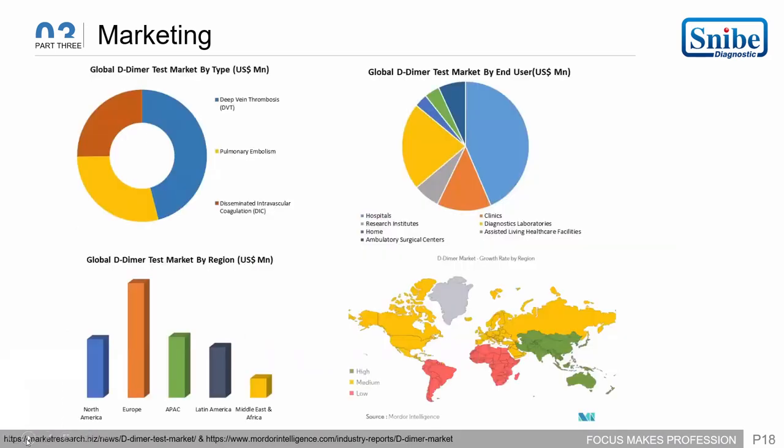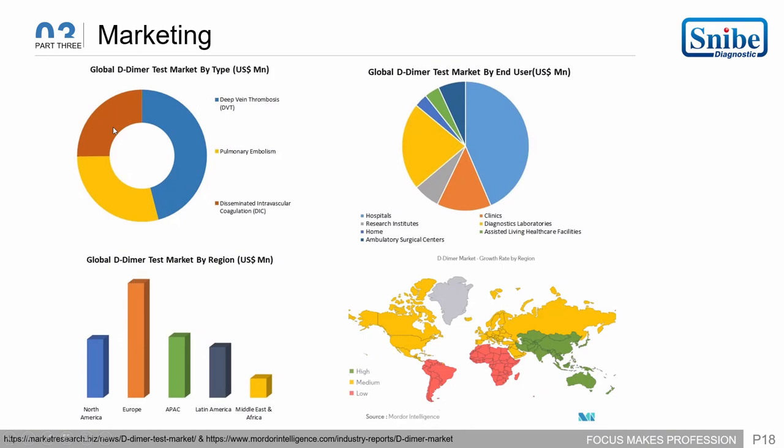If we talk about the global D-dimer test market by type, we differentiate into three major types of coagulation disease: deep vein thrombosis, that's DVT, pulmonary embolism, that's PE, and disseminated intravascular coagulation, that's DIC.